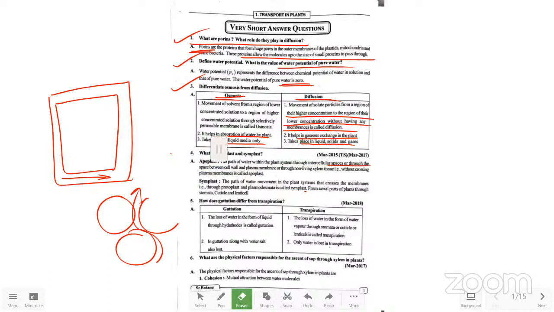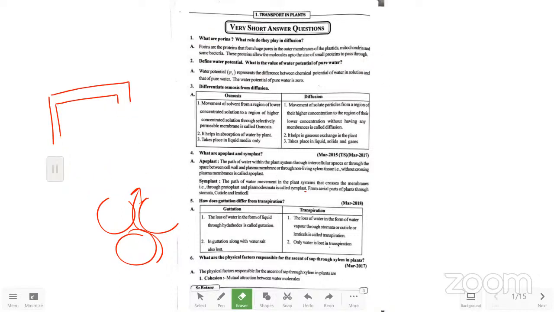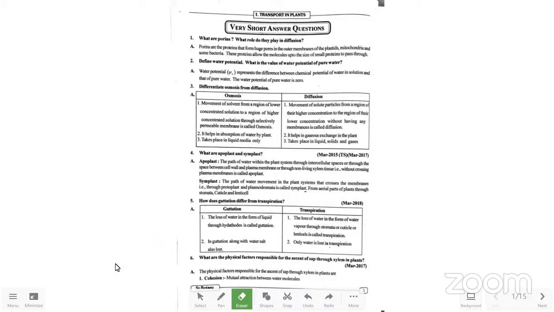Now comes the next question. What is guttation? How does guttation differ from transpiration? Transpiration means loss of water molecules in the form of water vapor through the stomata, not the cuticle or lenticels.